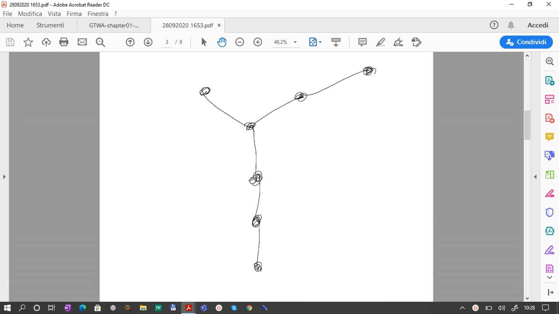Can this be transformed to this vertex of degree 2 as much as this? No. Why? Because it's true that both are adjacent to the vertex of degree 3, but this is adjacent to a vertex of degree 1, and this is adjacent to a vertex of degree 2. So this cannot be transformed into this. It must be transformed to itself.